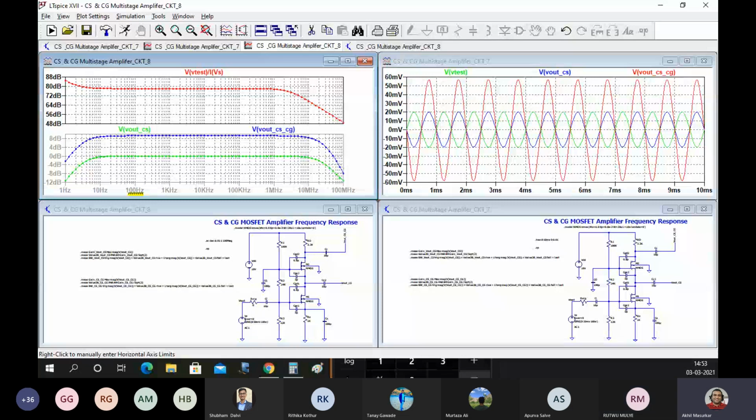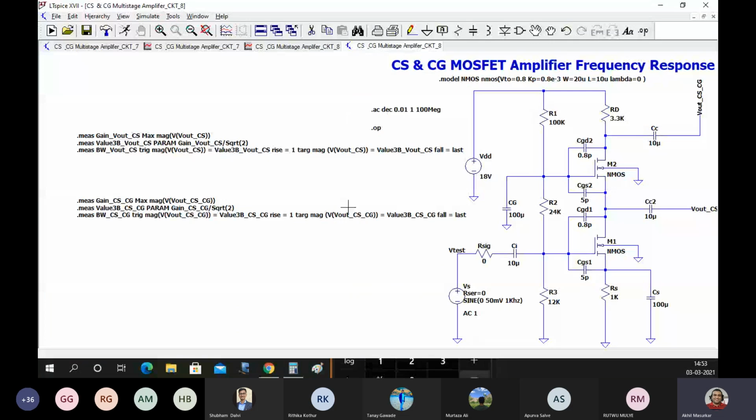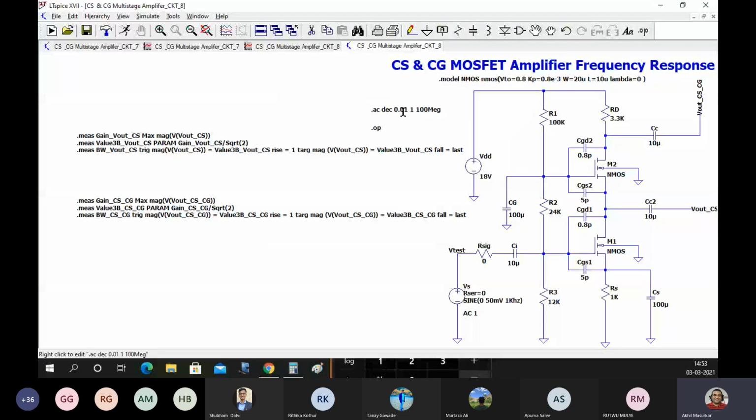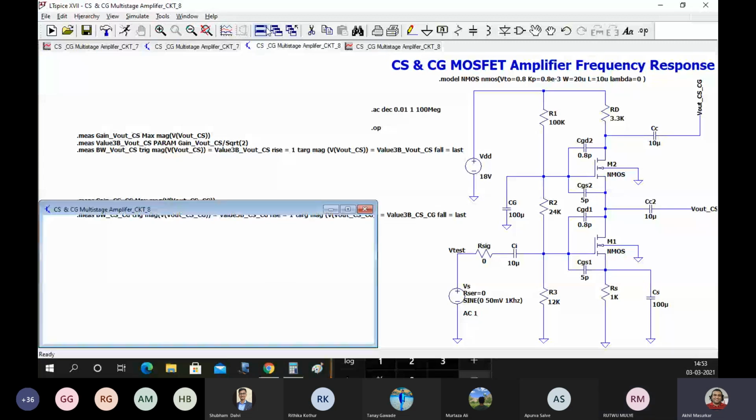Yeah. So first you go to the circuit in which you have done dot AC analysis. Are you on that circuit, everybody? Yes, sir. Okay. Now I will just remove this for some time.